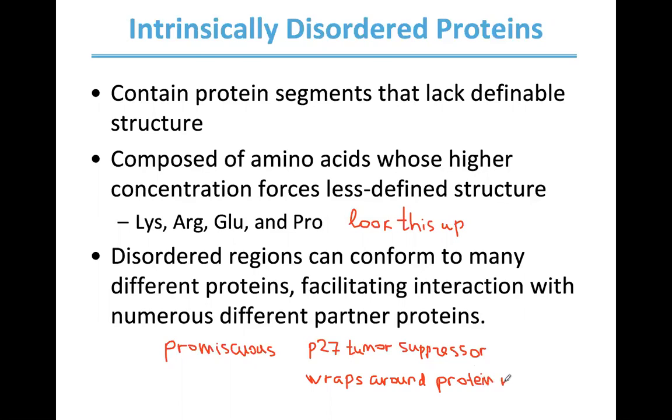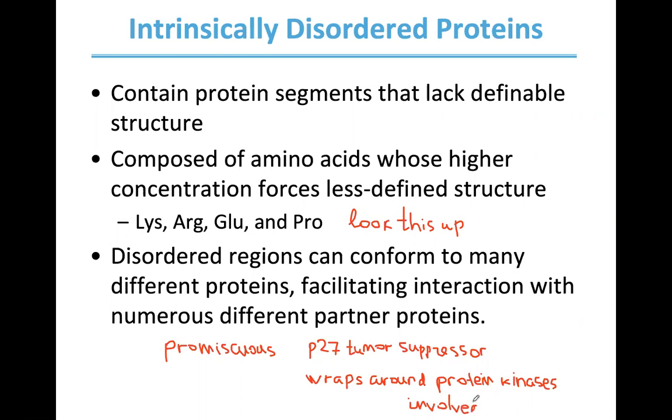And so what happens if this wraps around a kinase involved in cell division? What's the net result? If you wrap around something, what will happen to this something?